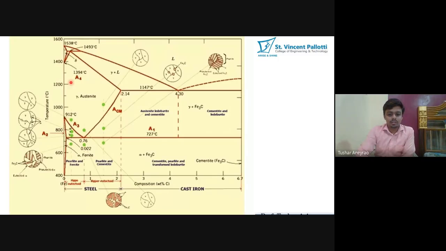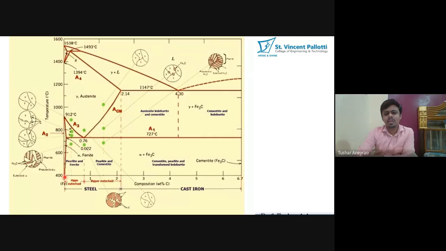Here it is Fe 100%, and here Fe is around 93.3%, and carbon goes from 0% to 6.7%. On the vertical axis there is temperature in degrees centigrade.